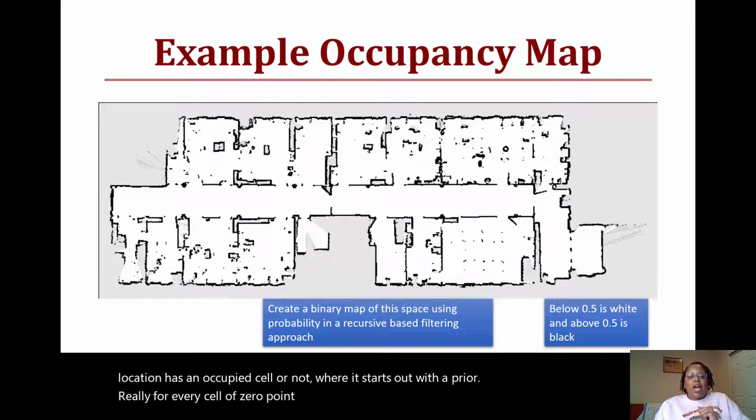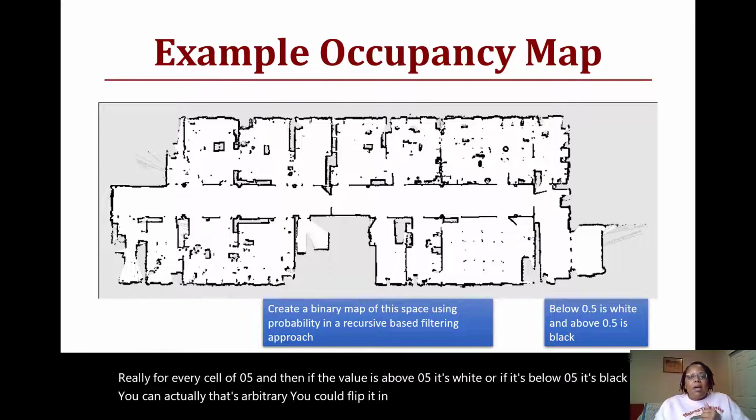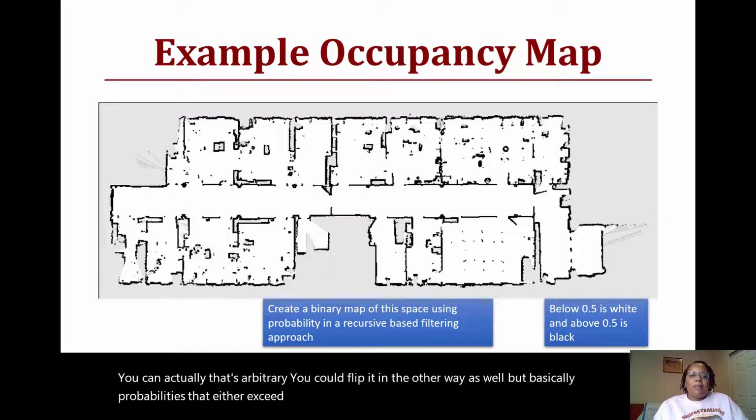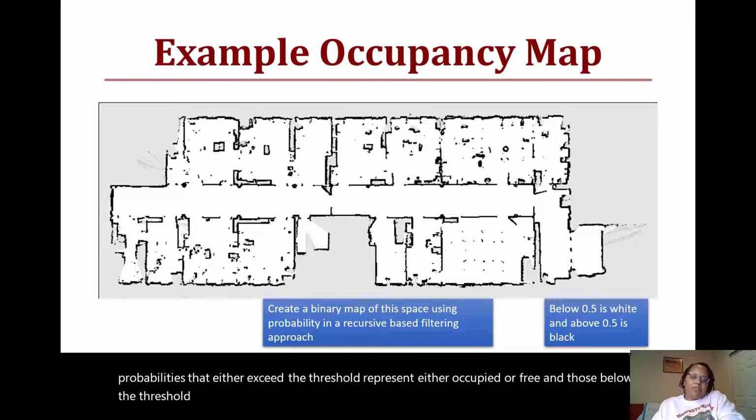And then if the value is above 0.5, it's white, or if it's below 0.5, it's black. That's arbitrary. You could flip it the other way as well. But basically, probabilities that exceed the threshold represent either occupied or free, and those below the threshold would represent either occupied or free.